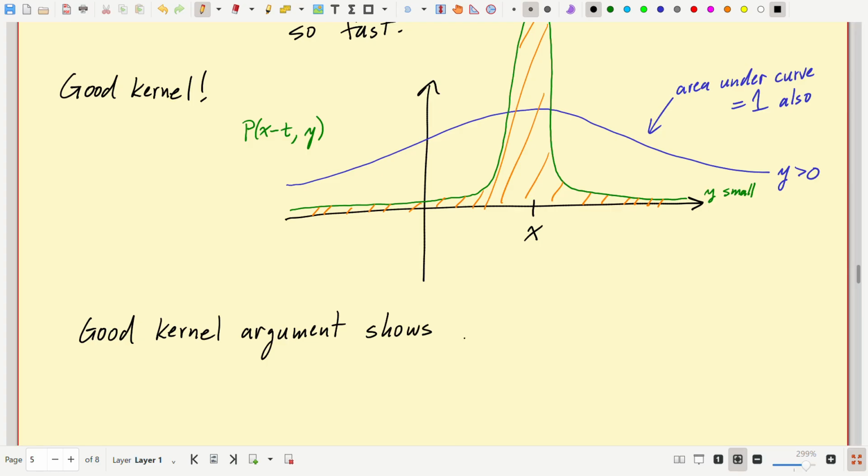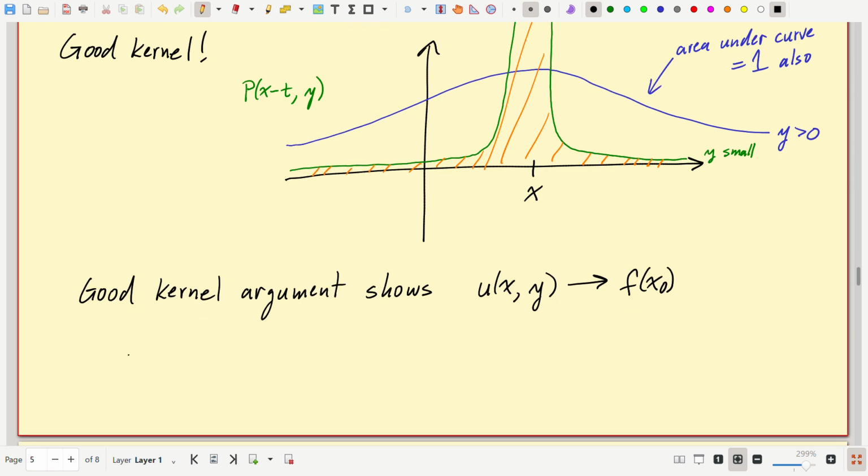shows that u of x y tends to f of x naught as x y tends to x naught from the upper half plane.